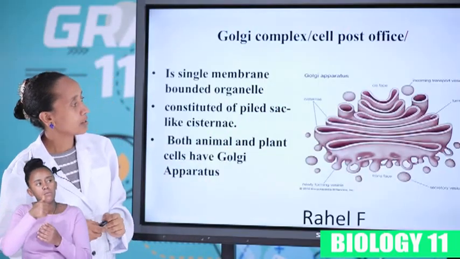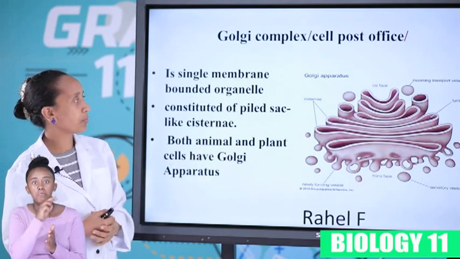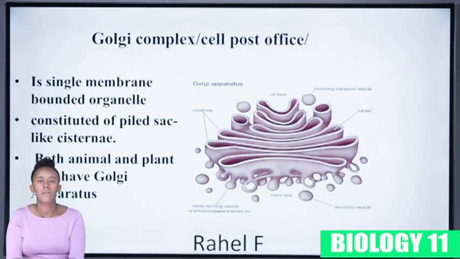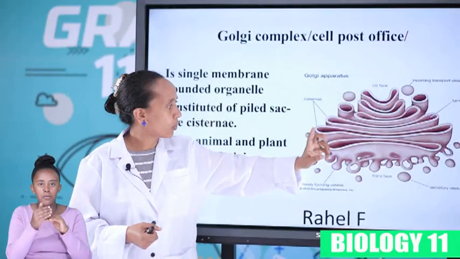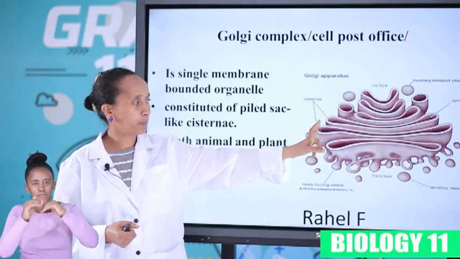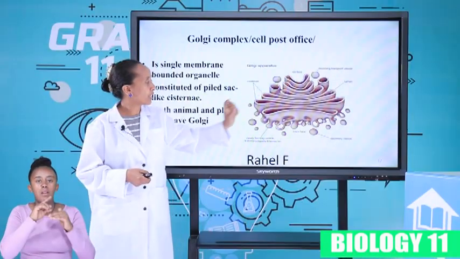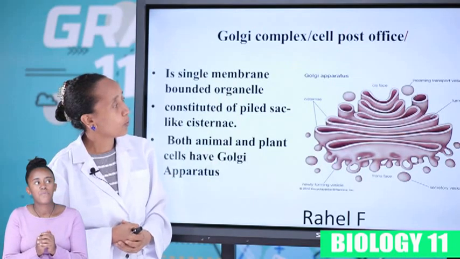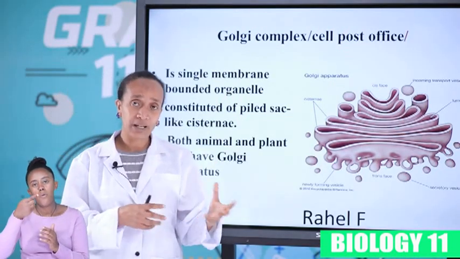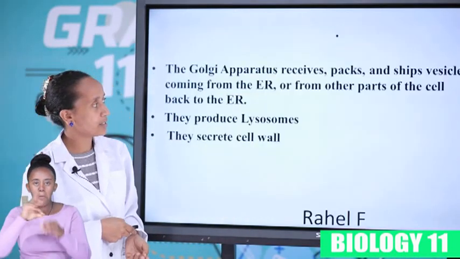Golgi Complex, structurally, is a single membrane organelle, and the single membrane is folded. As you see here, it is folded and forms cisternae. The foldings in Golgi Complex are called cisternae, and this organelle is found both in plant cells and in animal cells.